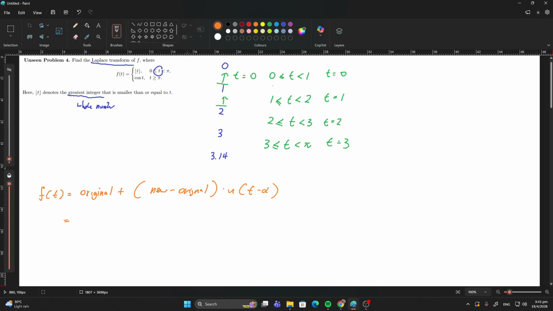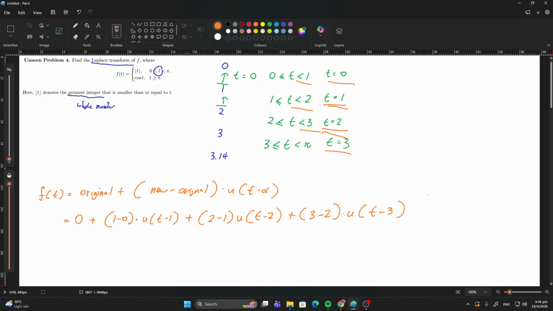Originally we start off with 0, so let's write 0 plus 1 minus 0, and the unit step is t minus 1. Next one we have 2 minus 1, unit step of t minus 2. And then last but not least, we have 3 minus 2 times u of t minus 3.